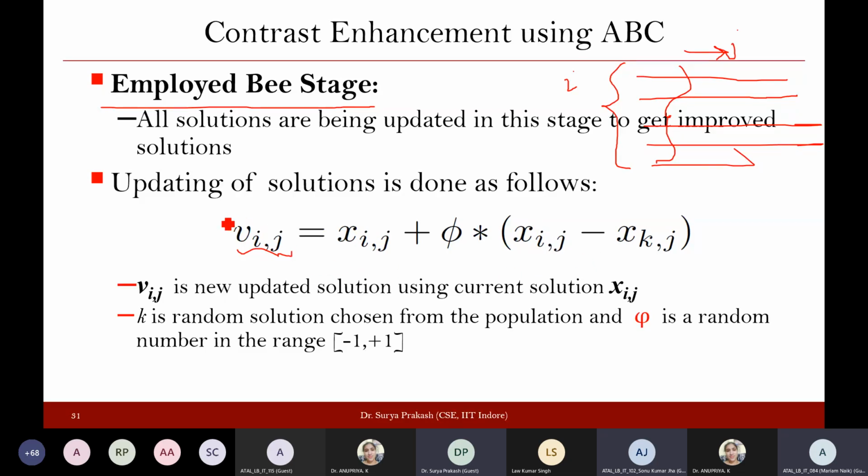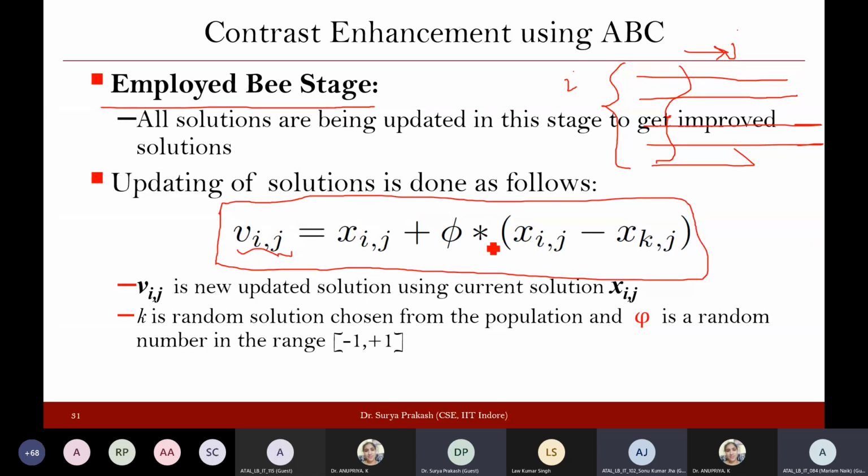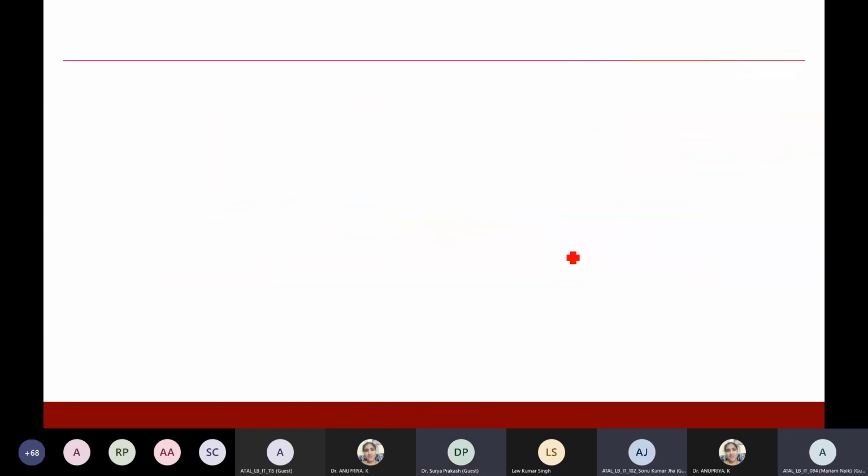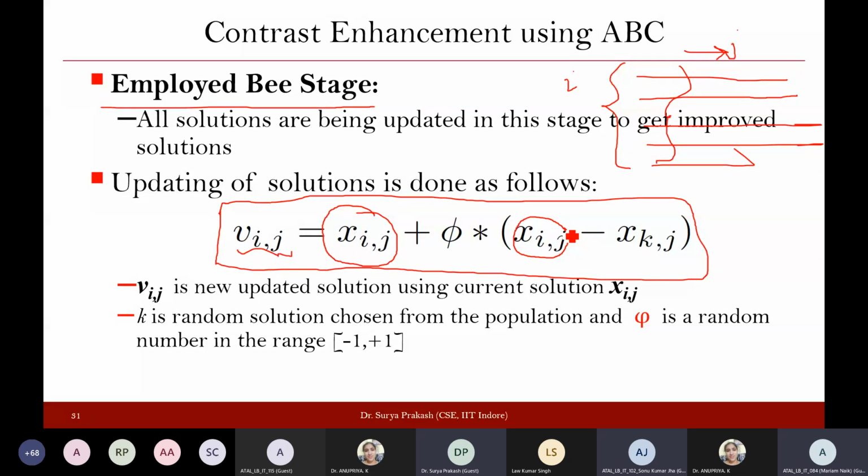and this is the formula for improving the solution. I'm not going into the detail of this, but what it is basically saying is that to improve the jth value of xi, you are considering the existing value of xij, and then randomly selected xkj that you see here. This is the jth value from the kth vector. Let's say this is i, and another vector is here, this is k.